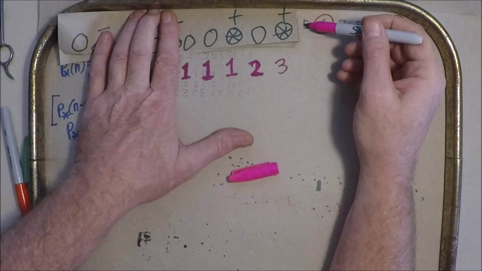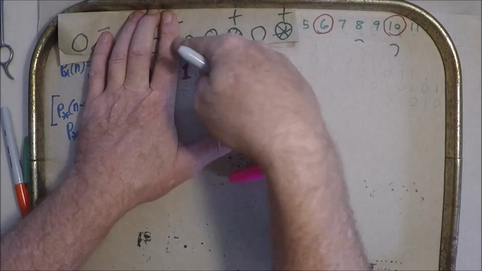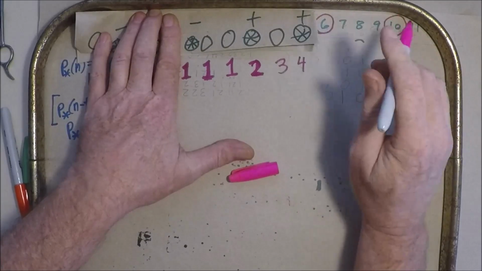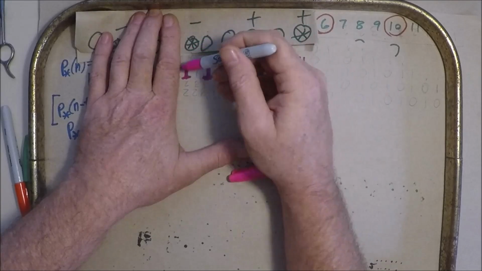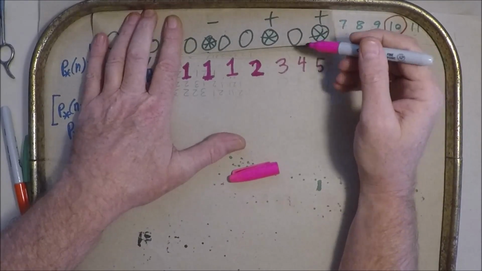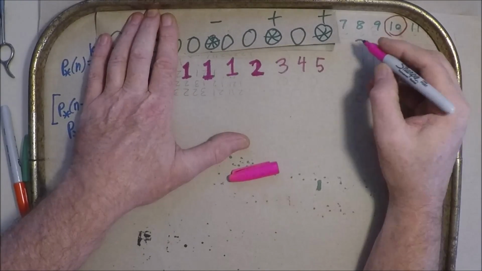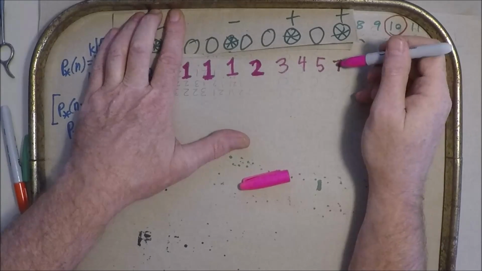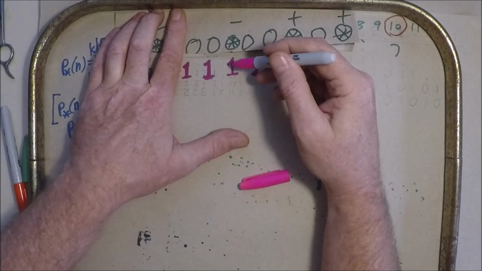For 5, we have plus 3 plus 1 is 4. For 6, we have 4 plus 2 is 6, minus 1 is 5. For 7, we have 5 plus 3 is 8, minus 1 is 7. For 8, we have 7 plus 4 is 11, minus 1, 10.